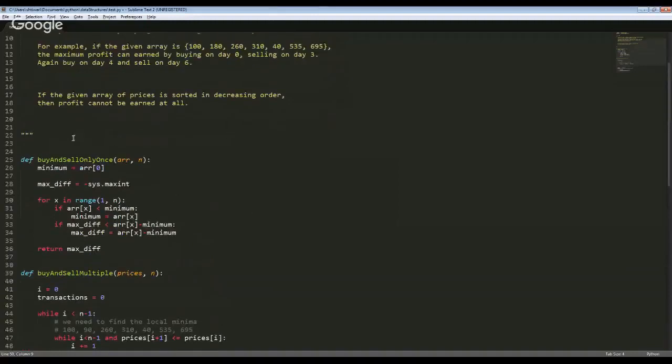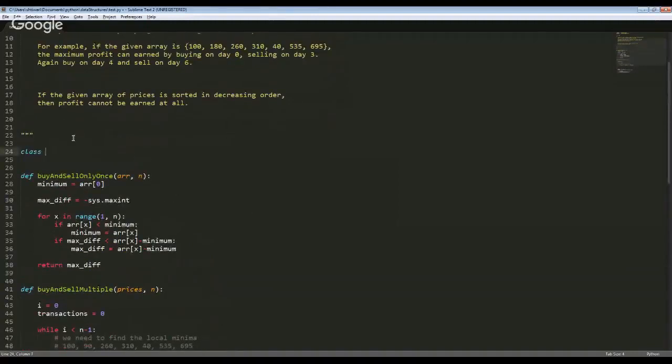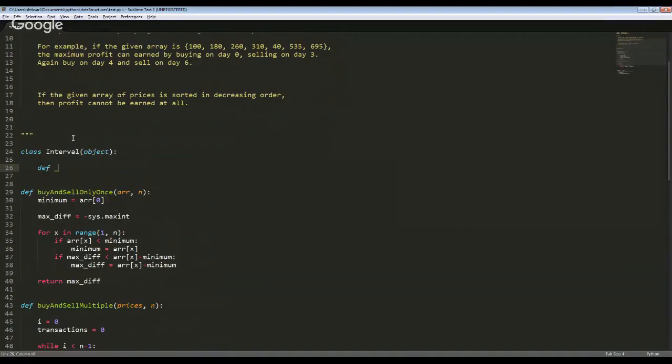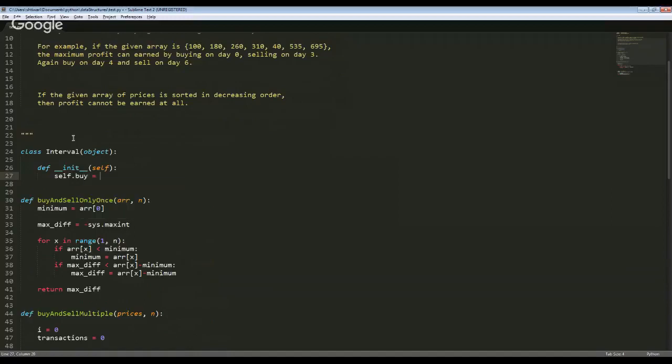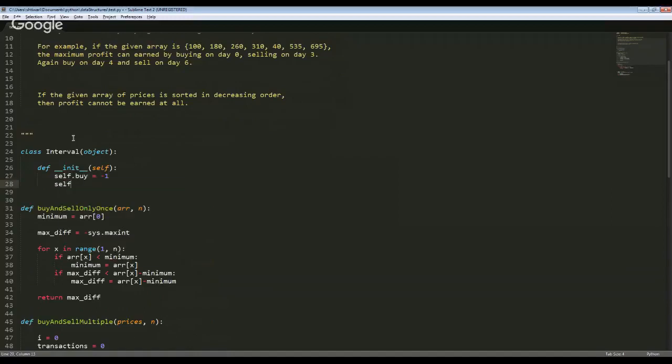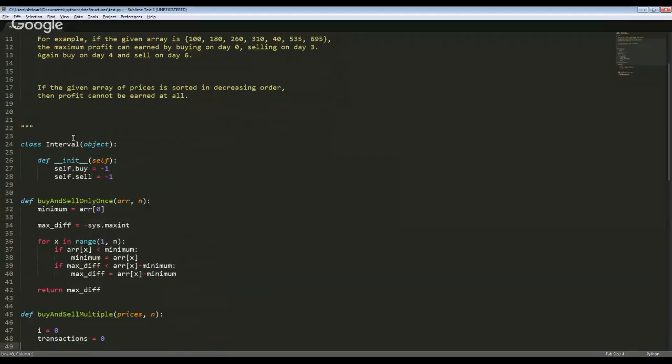So once we keep on doing this, we need to store that transaction, right? So we can have something like, let's say, a class interval, and we can have self.buy. It will store the day on which we buy the stocks, and sell will store the day on which we'll sell the stock, right?